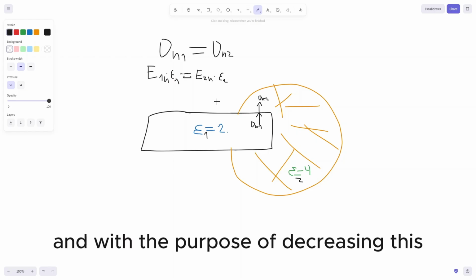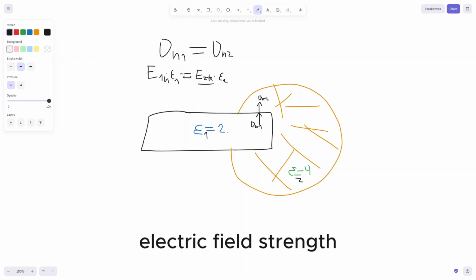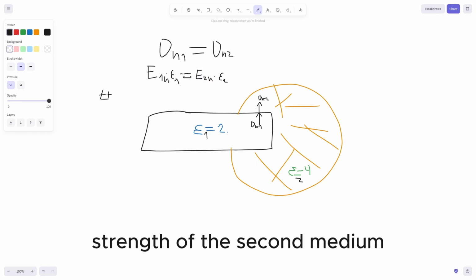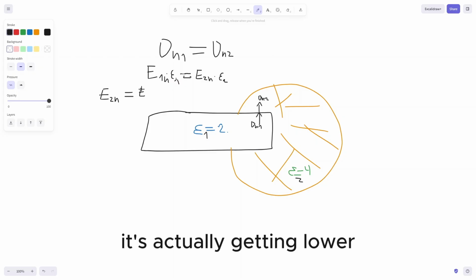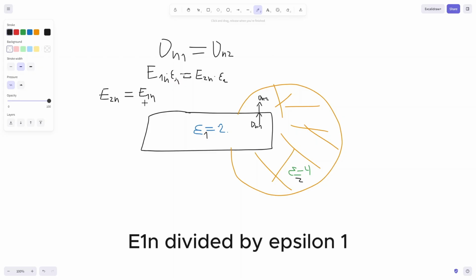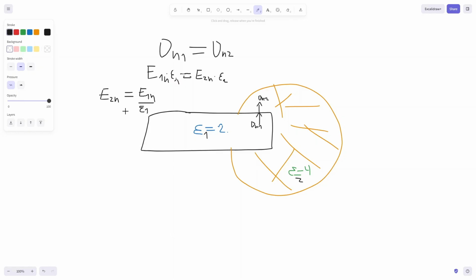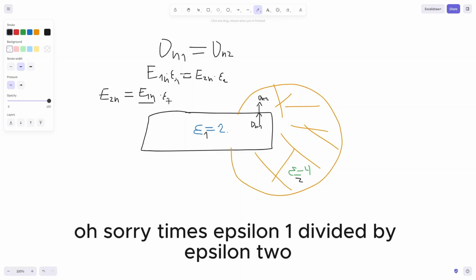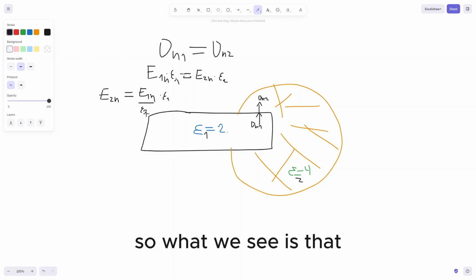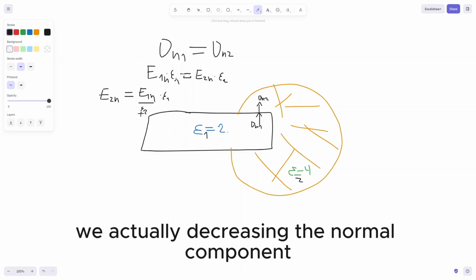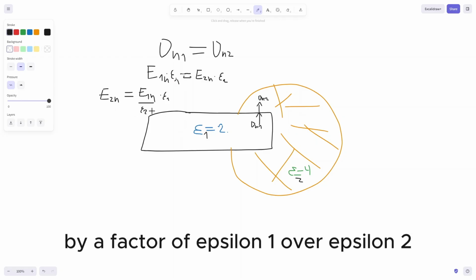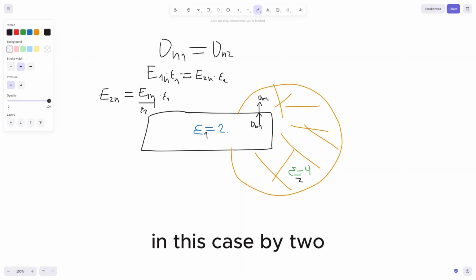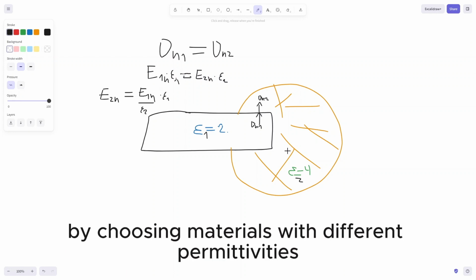And if we rearrange this, with the purpose of decreasing the normal component of the electric field strength in the second medium, we see that E2n is equal to E1n times epsilon 1 divided by epsilon 2. So we are actually decreasing the normal component at the second medium by a factor of epsilon 1 over epsilon 2, in this case by 2. So this is how we can apply epsilon grading by choosing materials with different permittivities.